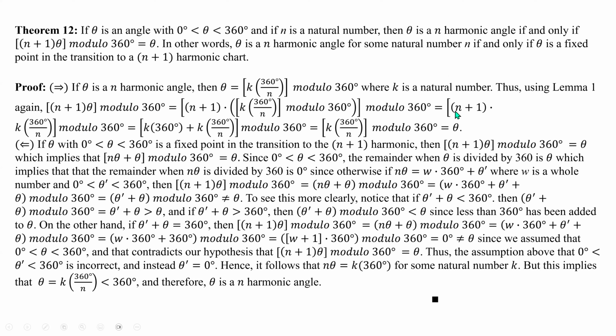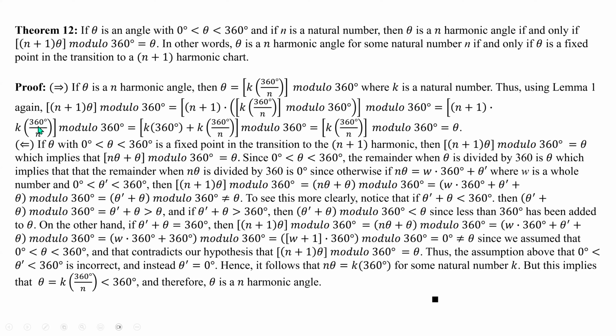And by Lemma 1, this is just equal to (n plus 1) times k times 360 degrees over n, modulo 360 degrees. Lemma 1 says that if I'm multiplying by a natural number, and if this is a rational number, then I can just multiply them together, do the modulo 360 degrees part just once.